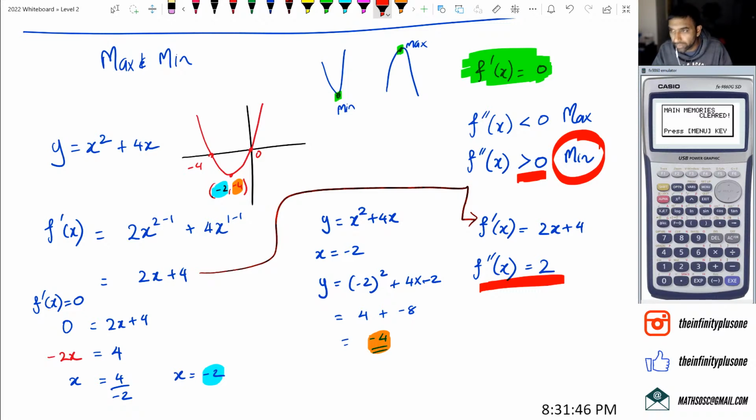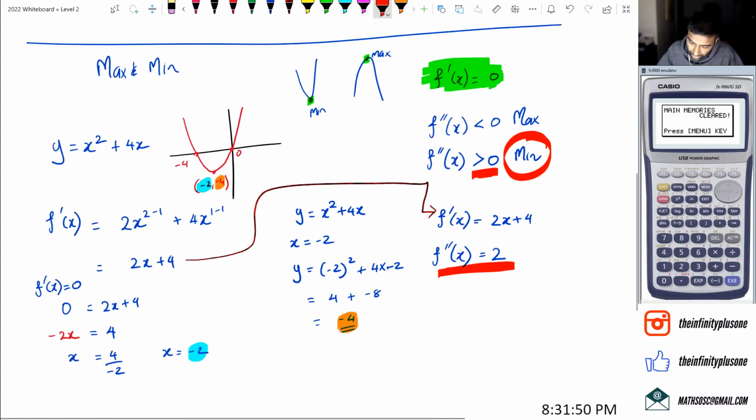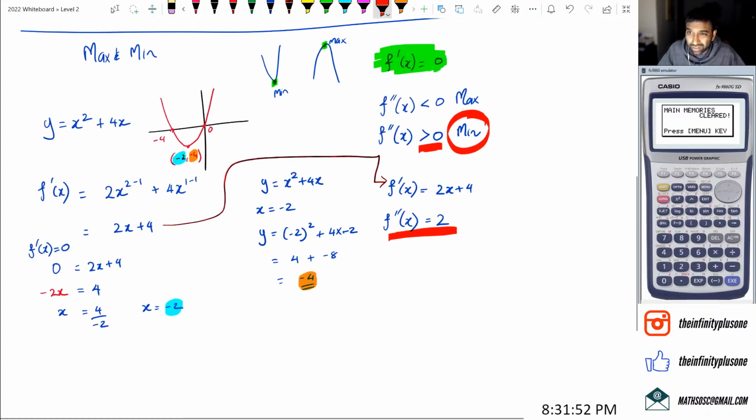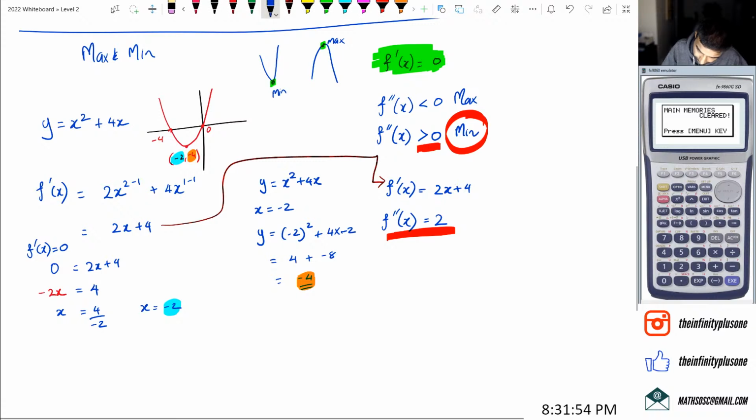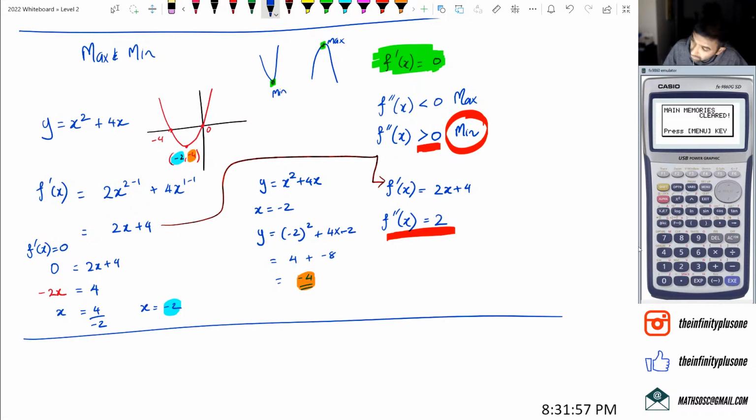Okay, let's do this one, all right? So I'm actually going to leave this working out for you guys, so you can have a guide to work out of. So here's the question. X cubed plus 3x squared plus 1.